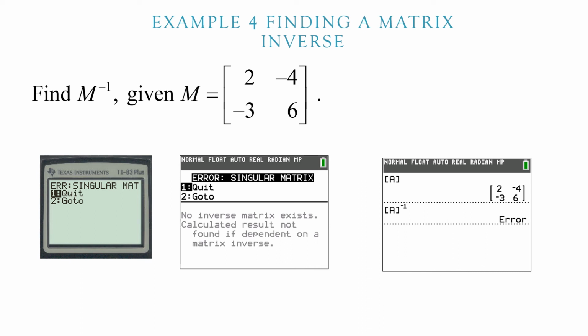Even when you find A inverse, you get an error. Maybe in the TI-83 I showed that this is the error message you're getting. If you are using a TI-84 Plus CE or something, you will get an error message like this. So in these cases, you say that the inverse does not exist because it is a singular matrix.